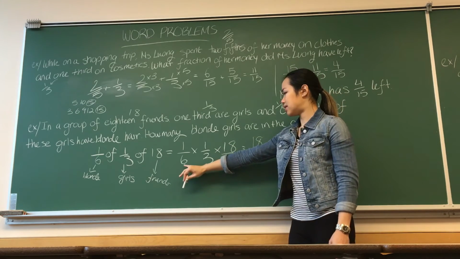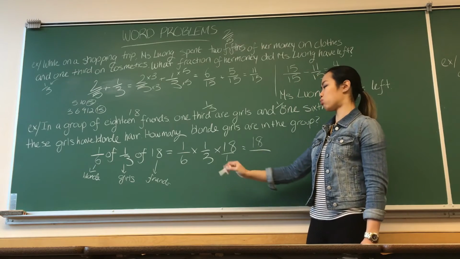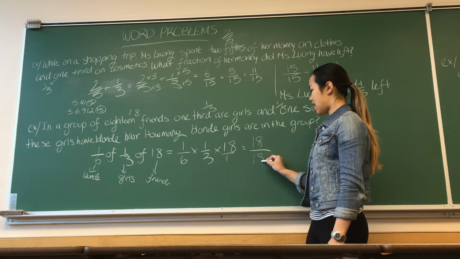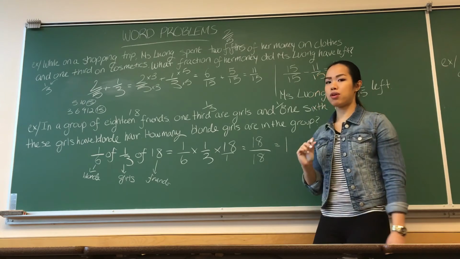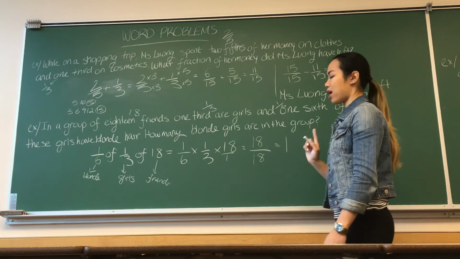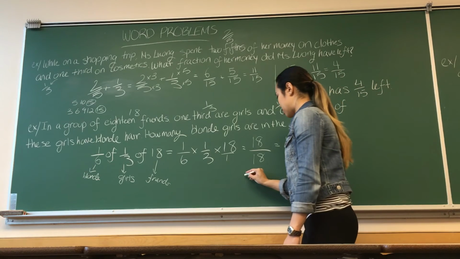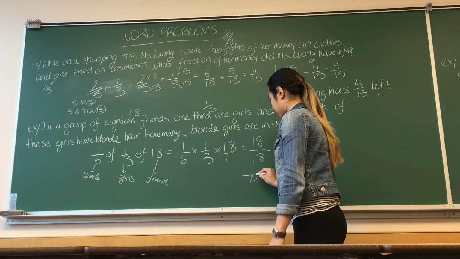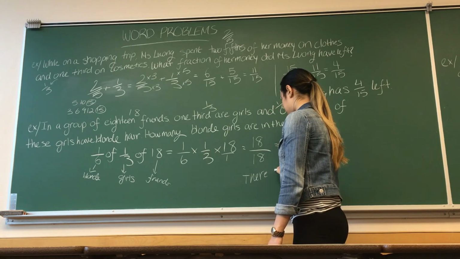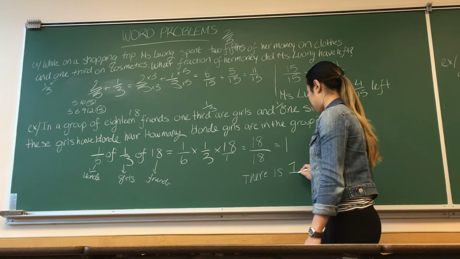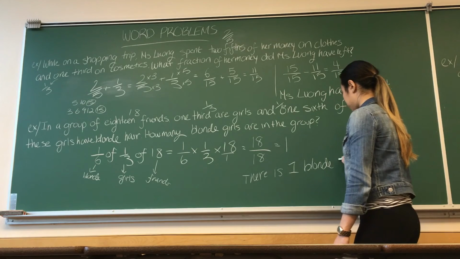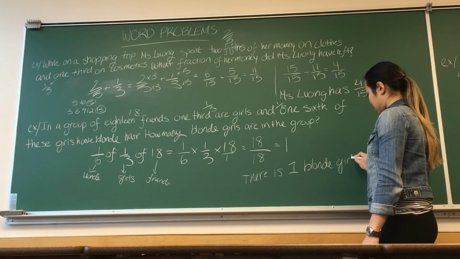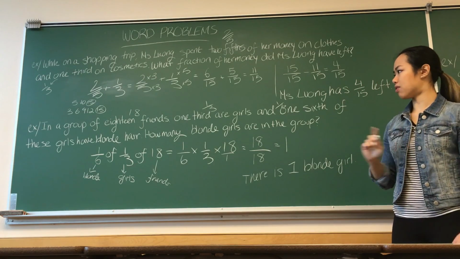Okay, and then our bottom, 6 times 3 is 18, times 1 is 18, and 18 over 18 is the same thing as 1. So our answer is we have 1 blonde girl in our group. And that's it for that question.